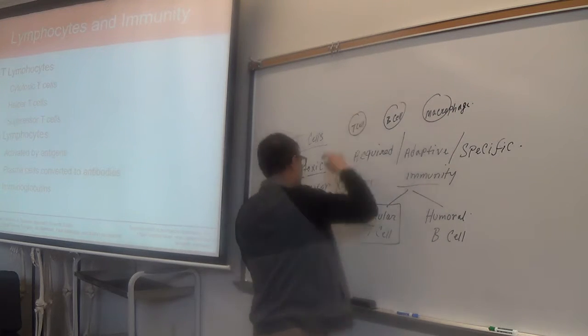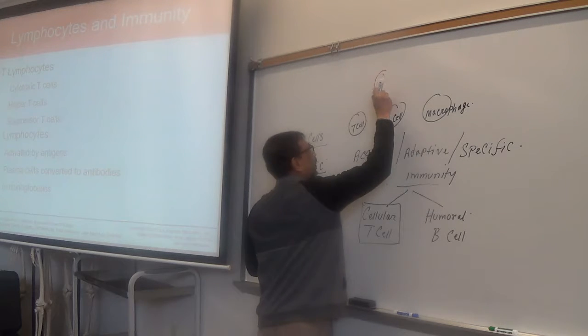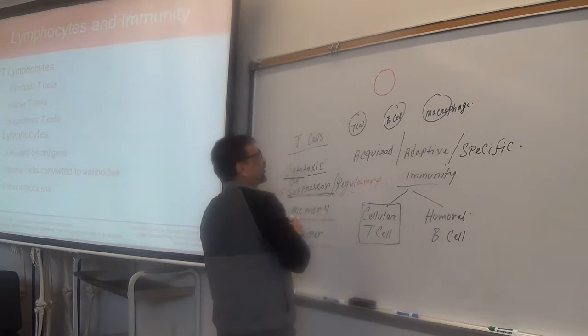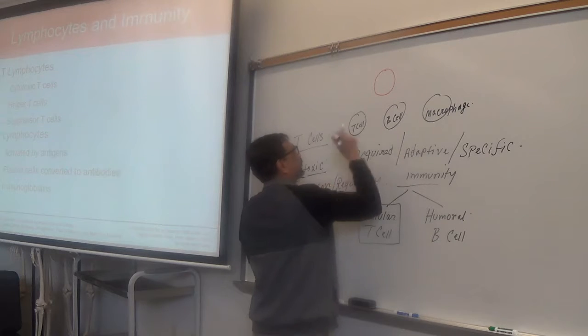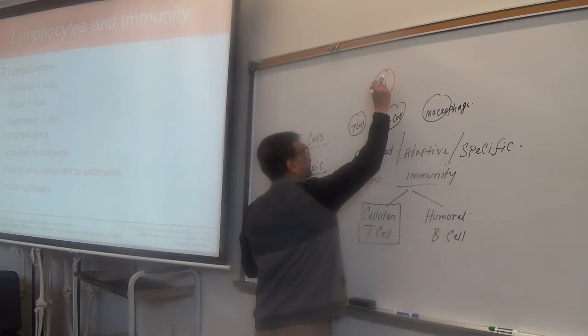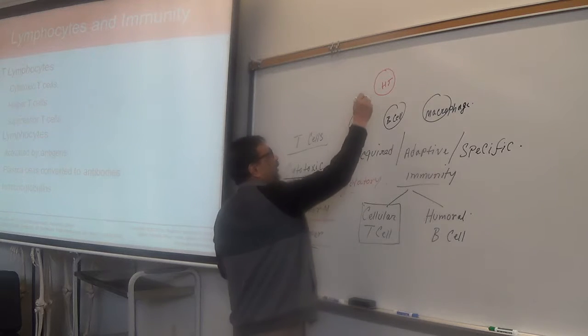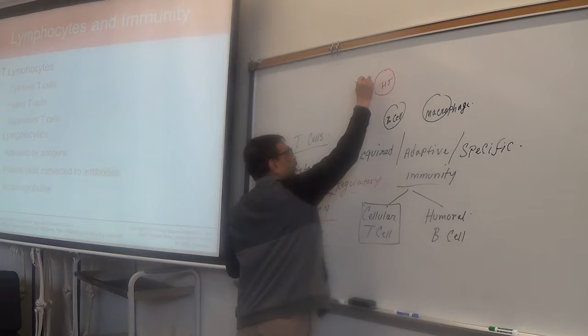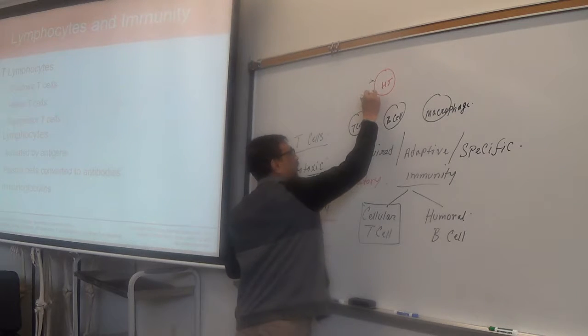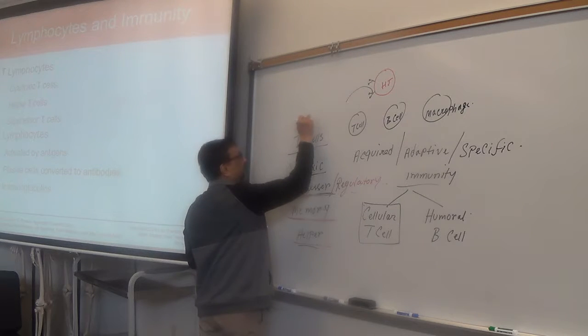So this is helper T cell. Okay, this is helper T cell. HT. Okay. Now, just know that helper T cells, when antigen antibody, this is the antibody, antigen antibody complex, this is antigen antibody complex. Let me write it down.